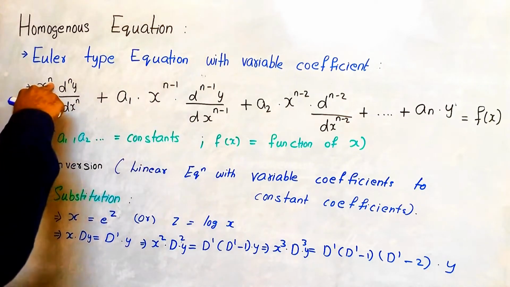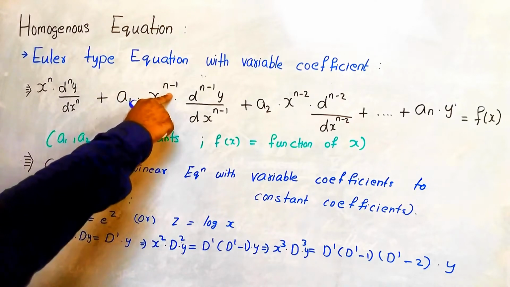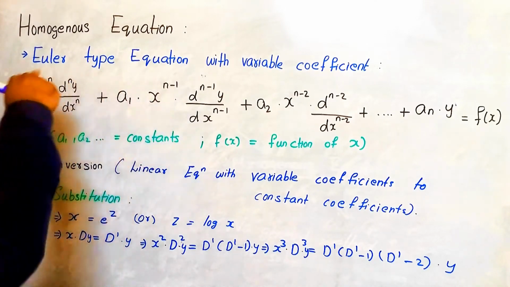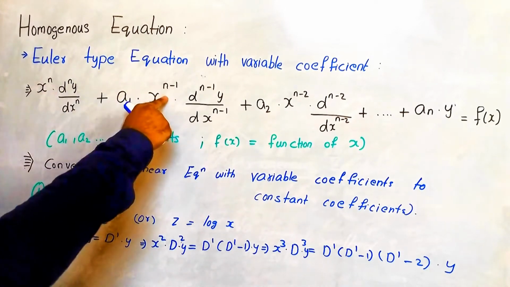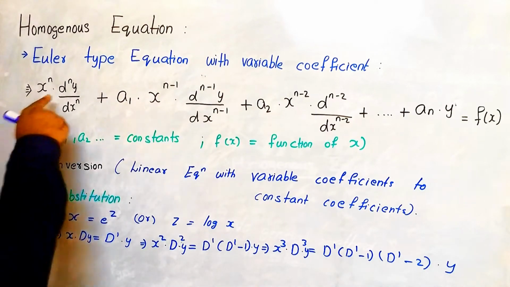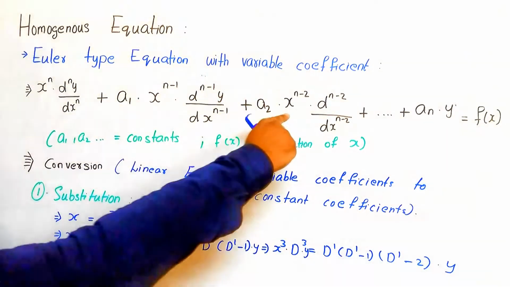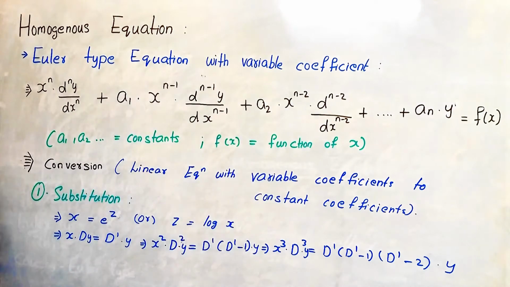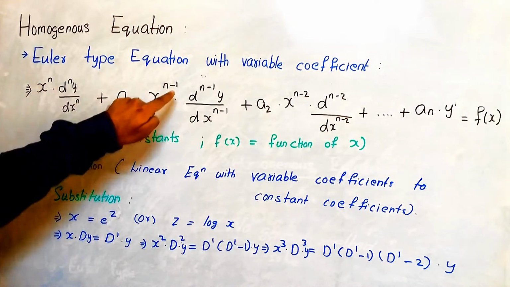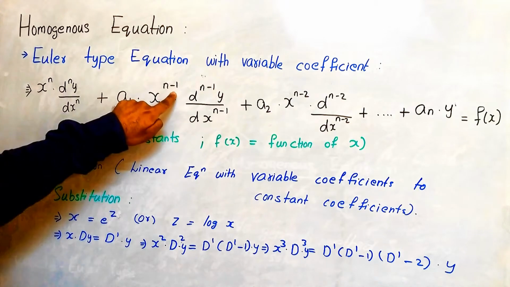If it is x square, it will be x to the power 2 minus 1, meaning it will be x. If this is x cube, this will become x square and the next becomes x. In that way the power of x will go on decreasing by 1.